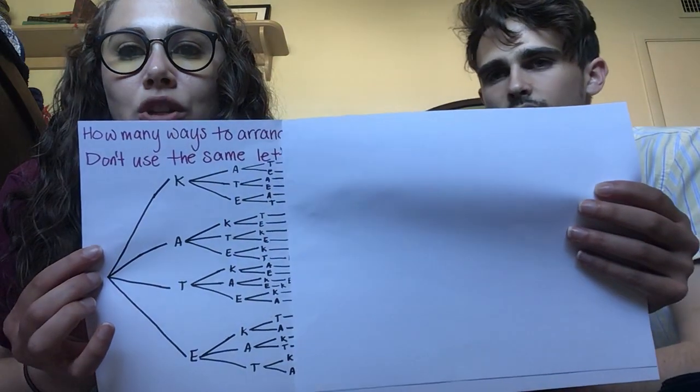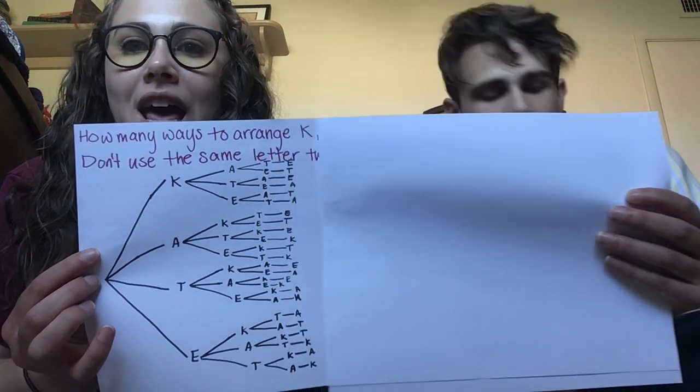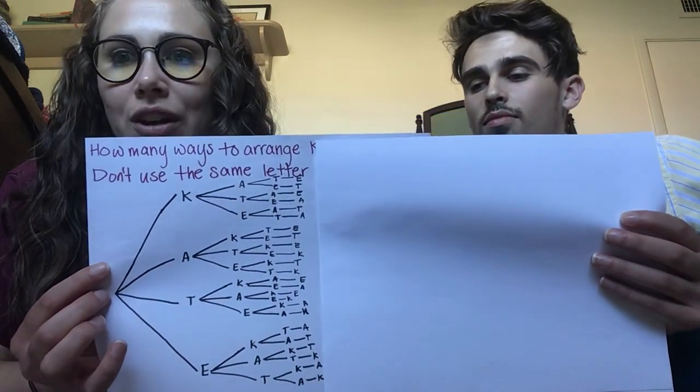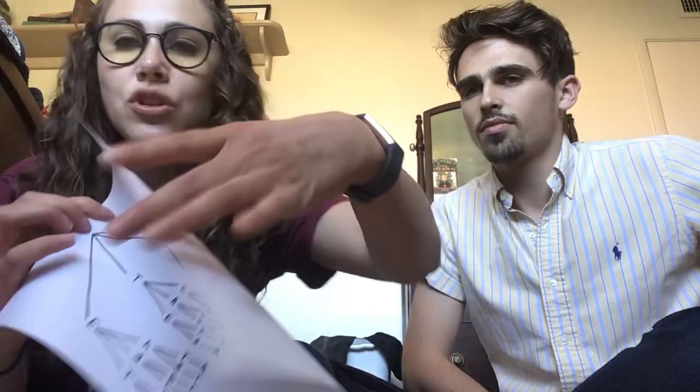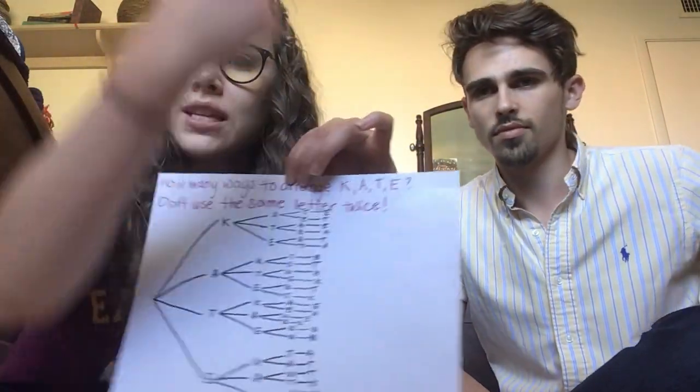And then for the third choice we had just 2 options left because we already used 2 of the letters, and last we only had 1 letter left that we hadn't used. So we'd have to do 4 choices times 3 choices times 2 choices times 1 choice, which is 24 words.